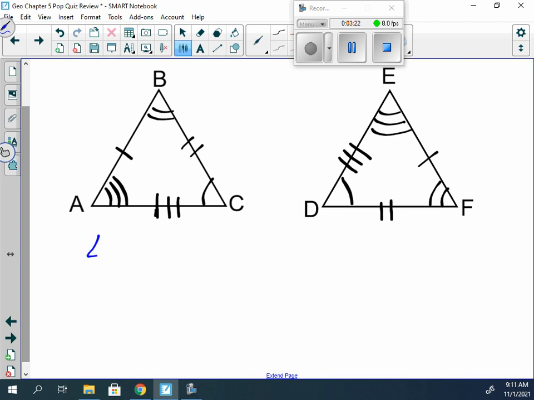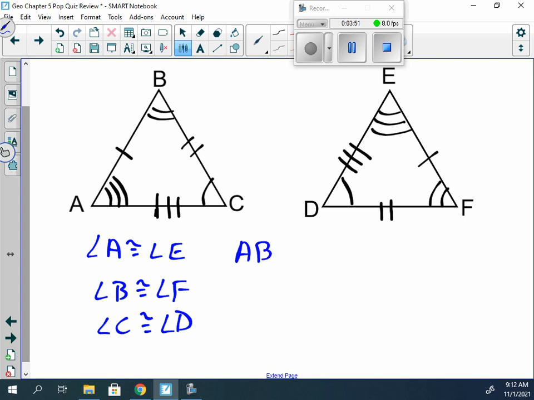Now we could start off with angle A is congruent to, well, since it has 3 markers, we're looking for the other one that has 3, which would be E. And we could say B is congruent to F. And lastly, C is congruent to D, because we just matched up the angle markers. So we're going to have 3 sets of angles on this here.